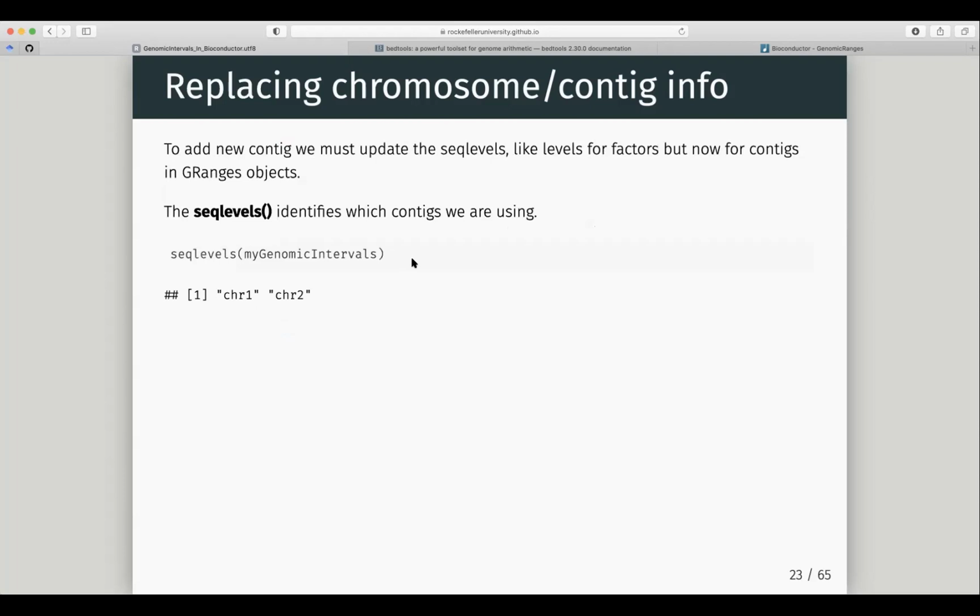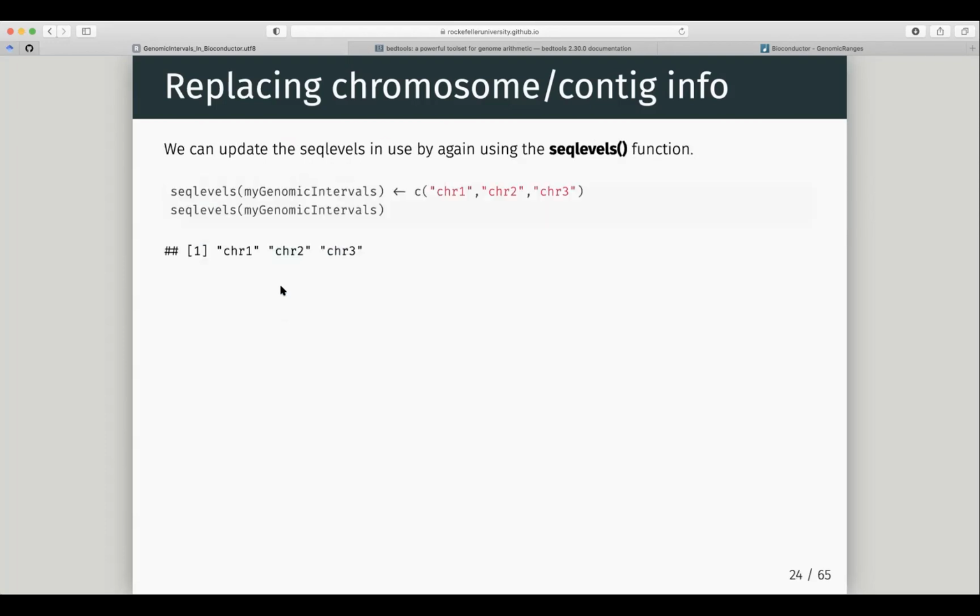So actually, we need to update the levels first, just like we would have done with a factor in a data frame. Rather than use the levels function, we can now use the seqlevels function. First off, we can just see the seqlevels available to us, chromosome 1, chromosome 2. And if I want to update that to include new chromosomes, I do seqlevels, I give it my GRanges, and I give it the 3 chromosomes I actually want to be in there.